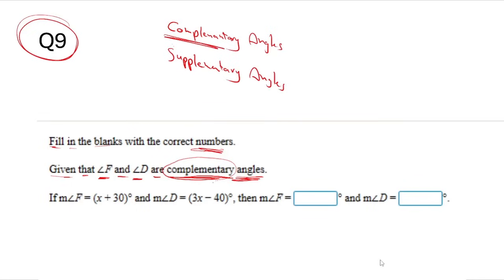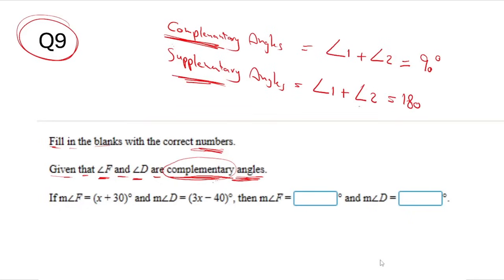Complementary angles means that the pair of angles, angle 1 plus angle 2, would be equal to 90 degrees. For supplementary angles, angle 1 plus angle 2 will equal 180.